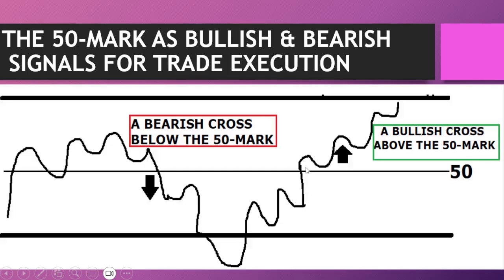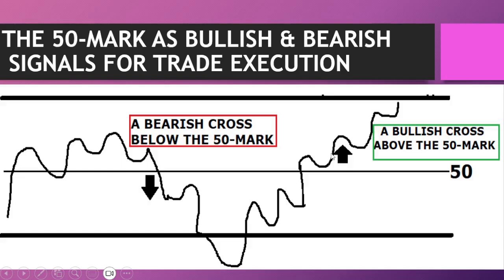However, on the flip side, when we have the MA line of the RSI moving above the 50 mark line, or when the MA line of the RSI is between the 50 mark of the indicator and the 70 mark line of the RSI, it signals a perfect or a telltale signal for the execution of an ideal bullish trade.